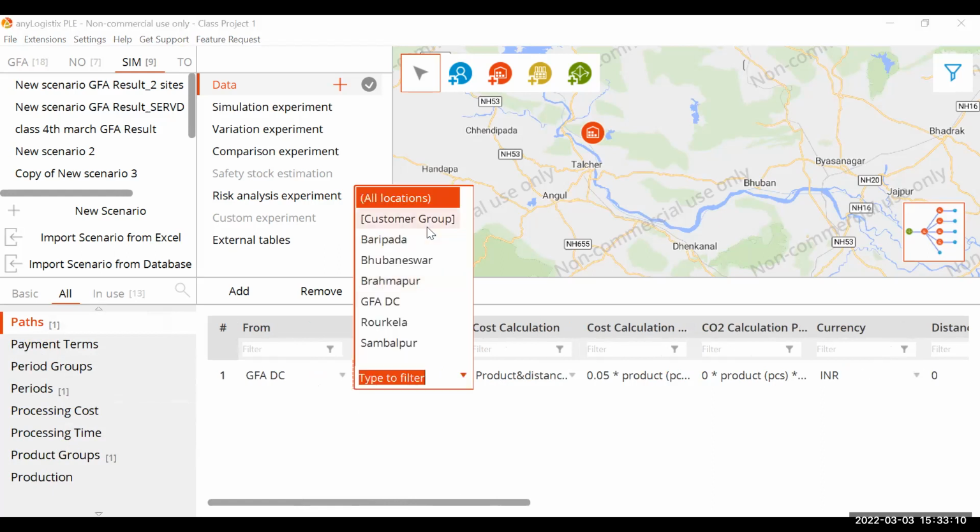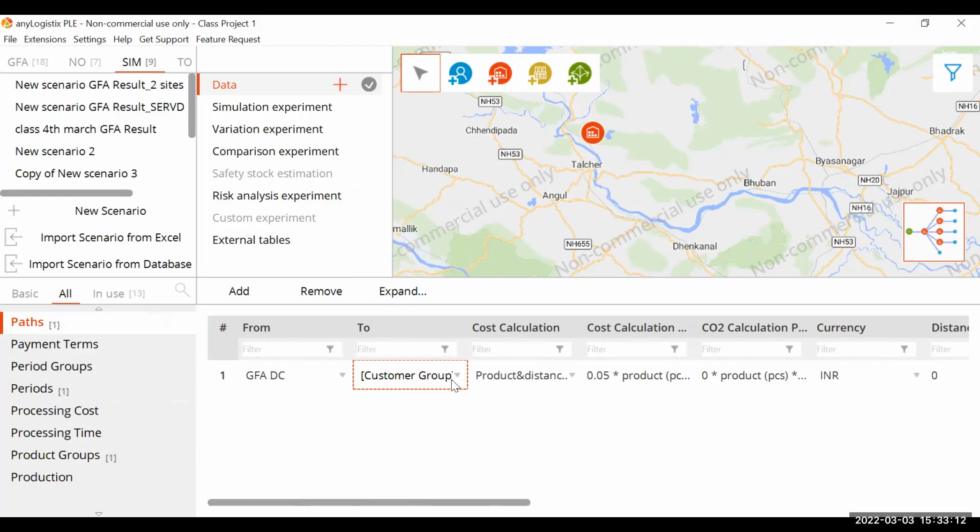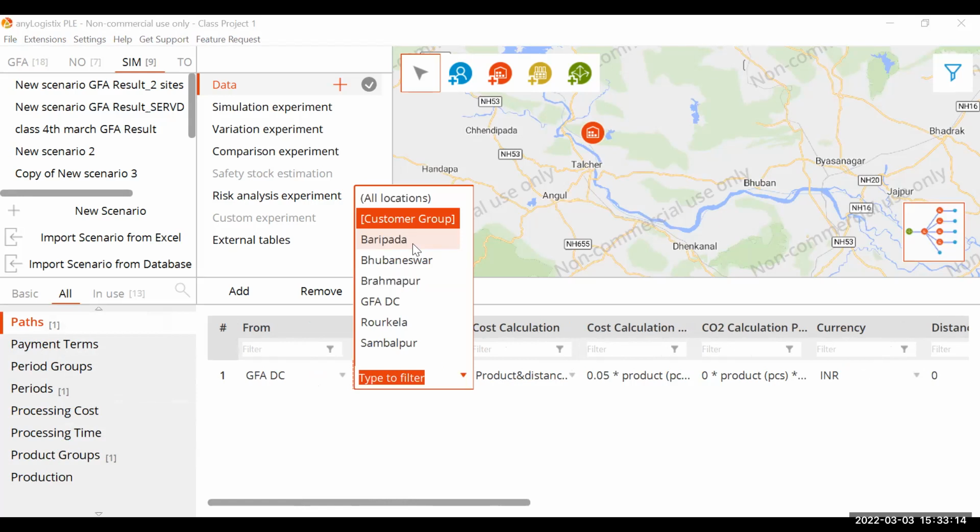So rather than all locations, we'll put customer cost. Rather than customer group, I can say for Baripada there is a different cost. In your case, it might be more accurate also. From Aurangabad, what the transporters are charging for Mumbai might be different for Delhi, might be different for Chennai, might be different for Kolkata, right?